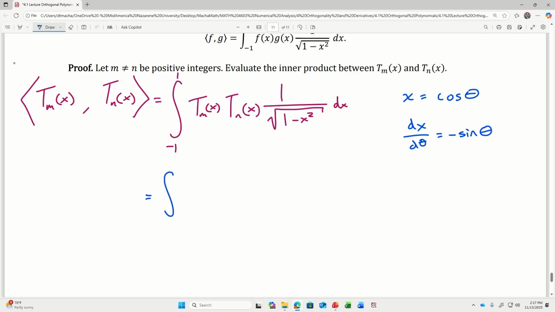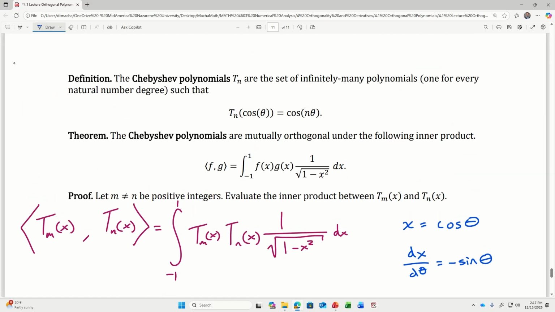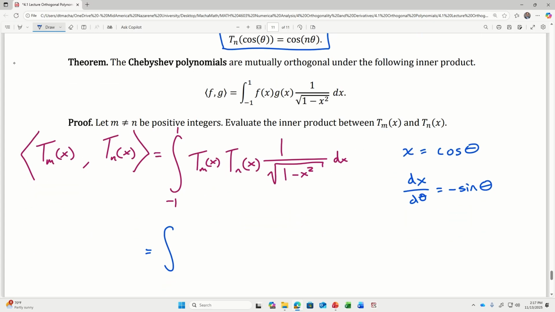This Tm of x is now Tm of cosine theta, and Tm of cosine theta is going to be cosine of m theta because of this definition here. So we write cosine of m theta. This is going to be cosine of n theta. And then this is 1 divided by square root of 1 minus cosine squared theta.